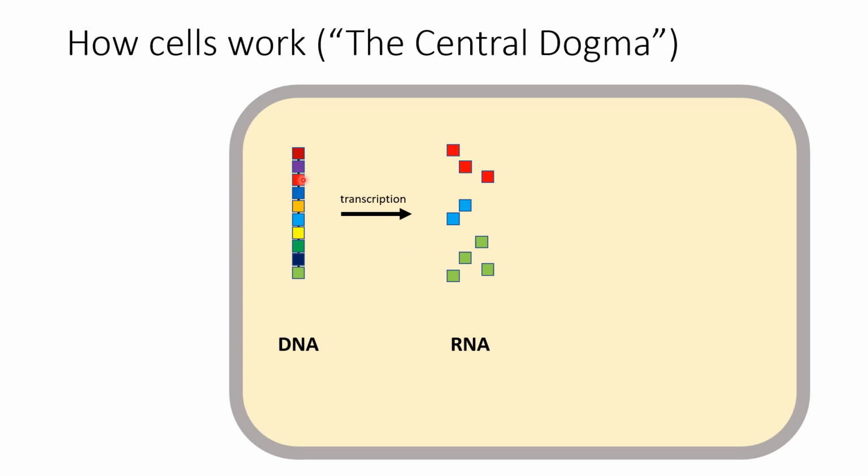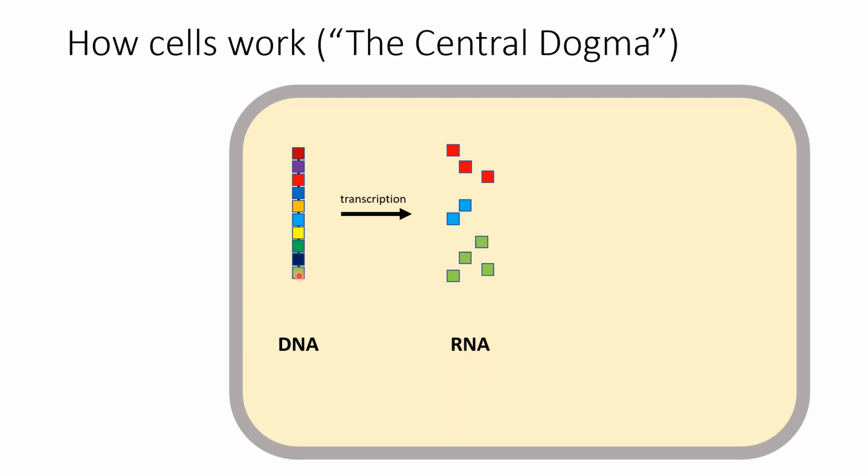Note also that I can make different amounts of each different gene. I've made 3 copies of this red gene, 2 copies of this blue gene, 4 copies of the green gene. I want to point out at this point that there are actually several different functional classes of RNA in a cell. This is one major class.